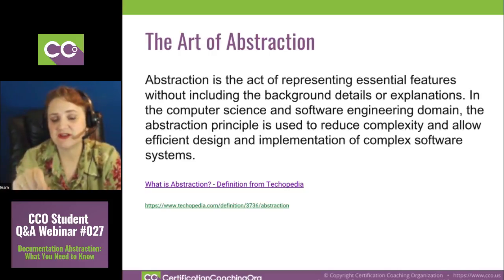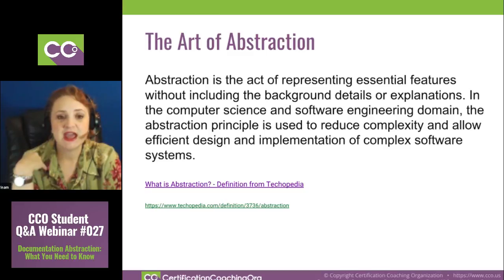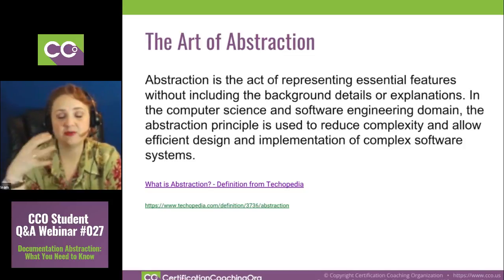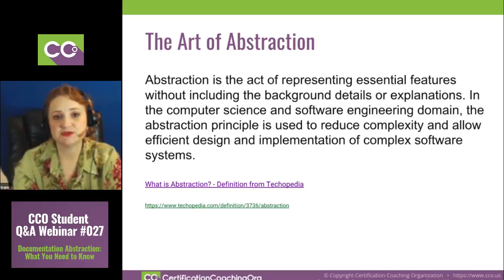However, the closest definition that I could find, and I found a couple of them, was in the tech world, in IT. Their theory, or how they use the term abstraction, is very similar to what we do in medical records. And this particular definition I thought was as close as you're going to get to what it means for us to abstract the content out of a medical record to be able to translate that into codes.